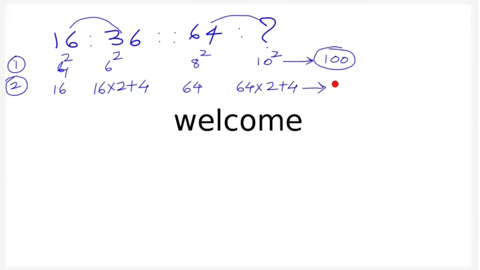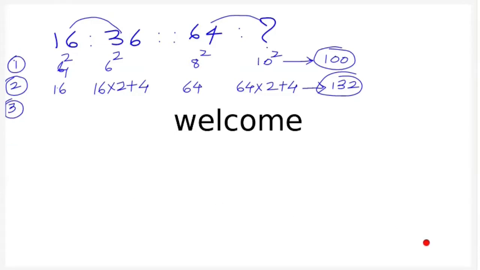So 132 can be your answer. If 100 is not there and 132 is in the option, then you have to mark 132 as your answer.